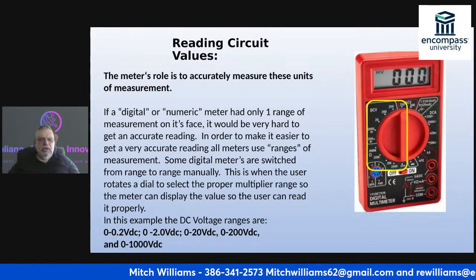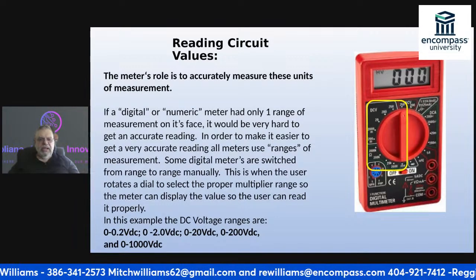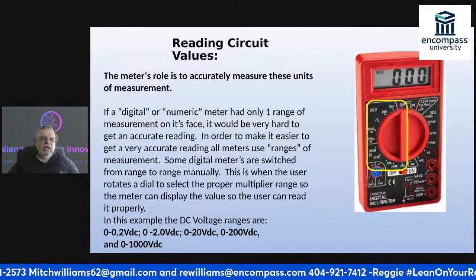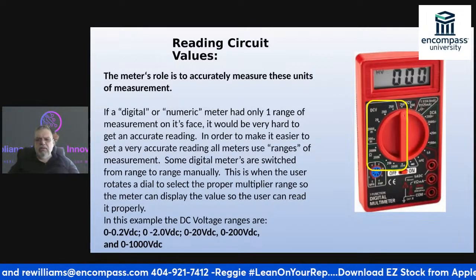This is when the user rotates the dial to select the proper multiplier range so that the meter can display the value and the reader can read it properly.